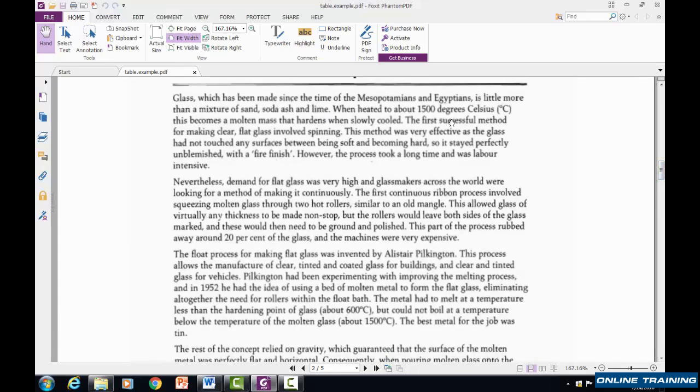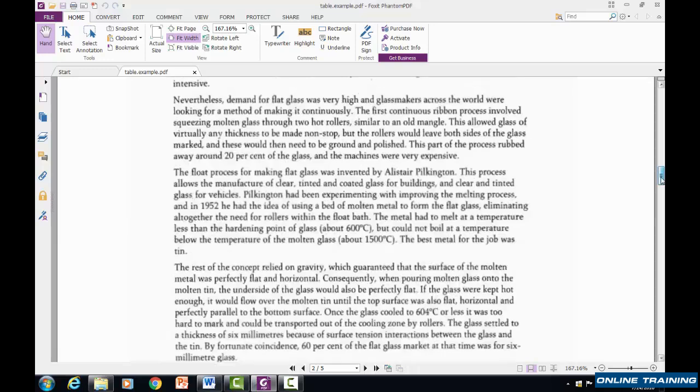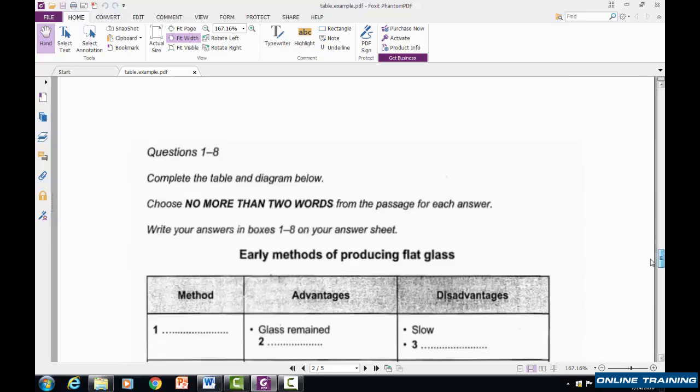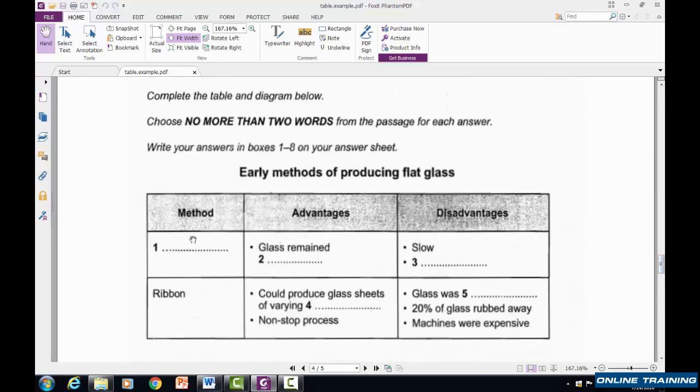Well, as we're scanning, we actually see number 1 right here. It says the first successful method for making clear flat glass involves spinning. Okay. So that's actually our answer for number 1 right here, the spinning method. That's the first method. The first method is spinning. Early methods of producing flat glass. First method is spinning. Okay.